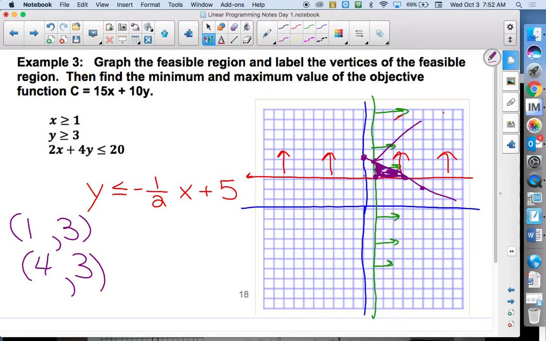Do you put that x value into something? Exactly. So we know that this line right here is x is greater than or equal to 1. But that line is actually x equals 1. So when x is equal to 1, we want to find out what this y value is when the line crosses through it.